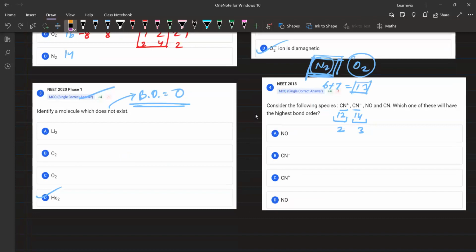क्या बोला इन्होंने, जब हाईएस्ट बॉन्ड ऑर्डर तो 3 है, उसके बाद आई थिंक फिर तो CN नेगेटिव ही हो जाएगा. जब 3 से ज्यादा बॉन्ड ऑर्डर फिर CO पॉजिटिव का होता है, CO पॉजिटिव में वो 3.5 हो जाता. ठीक है. तो CN नेगेटिव विल बी द करेक्ट ऑप्शन. 3 से ज्यादा तो हो नहीं सकता ना. NO का देख लीजिए, CN दिया हुआ, CN will be 2.5 because it is between CN positive and CN negative.